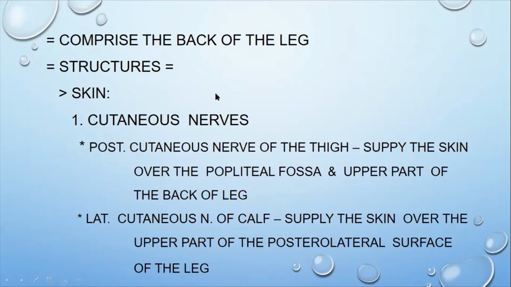So not only the skin over the popliteal fossa, but it will also supply the upper part of the back of the leg. Then the lateral cutaneous nerve of the calf will supply the skin over the upper part of the posterolateral surface of the leg.